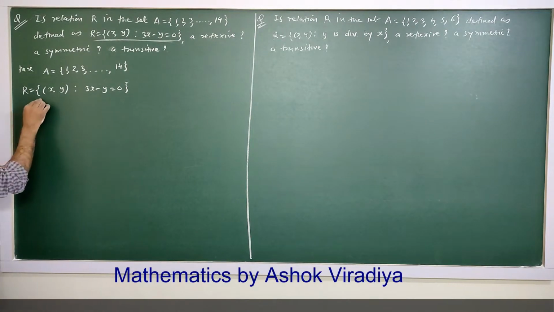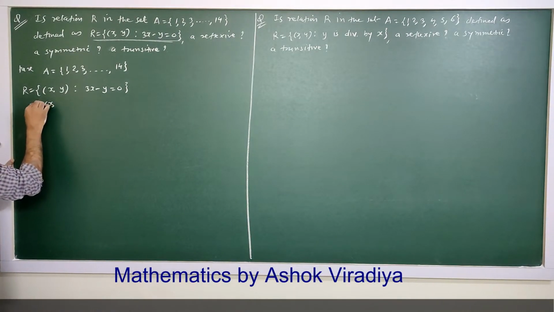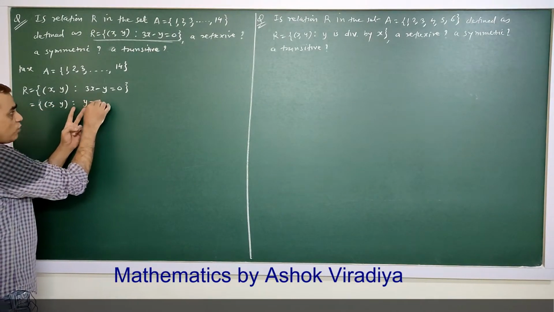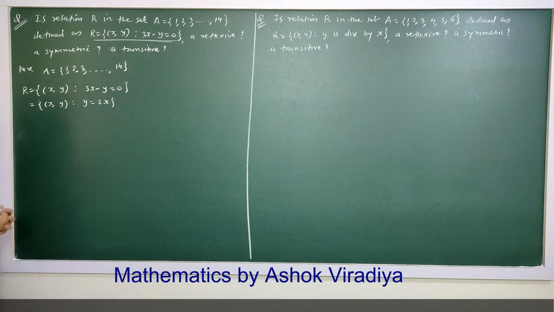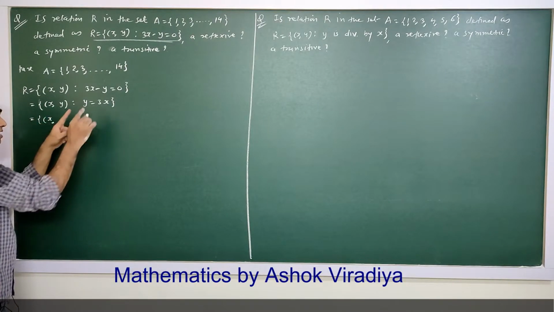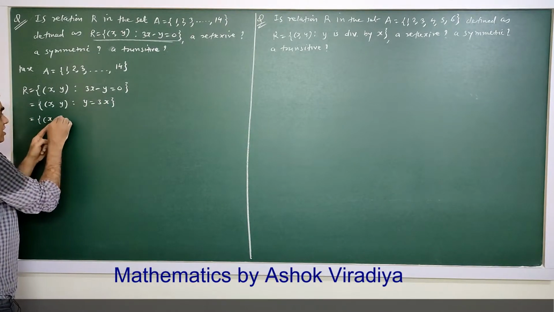That means it is the set of all ordered pairs such that y equals 3x.